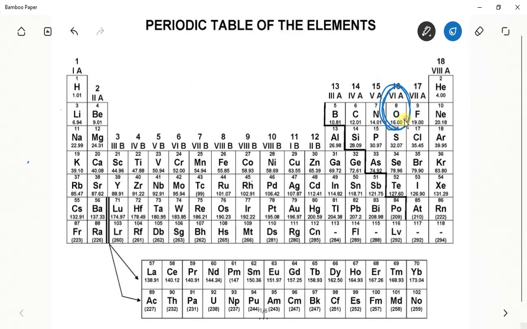And its number, its atomic mass unit, is what it's called, atomic mass unit, or atomic weight, or atomic mass.